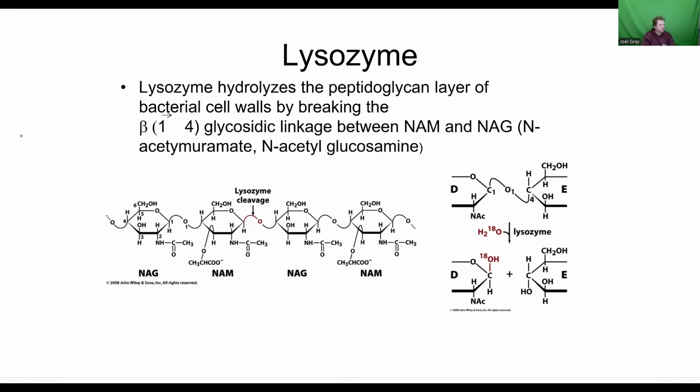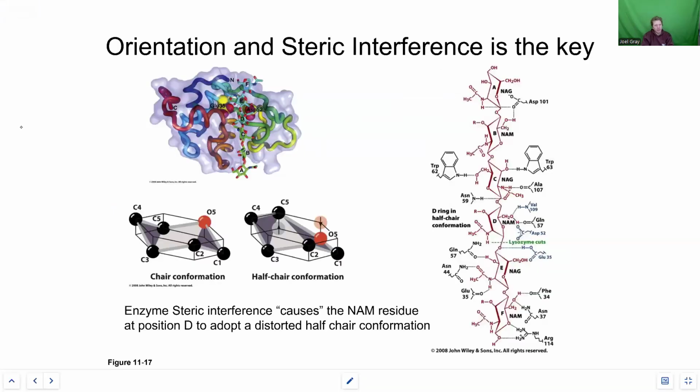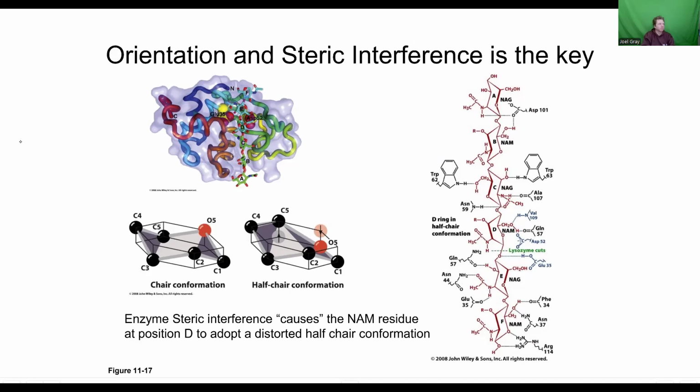Now, here is another model on the right-hand side of what that kind of looks like. There's a pattern, NAM, NAG, NAM, NAG, and so on. But what I want to draw your attention to is it doesn't cut after every NAM.